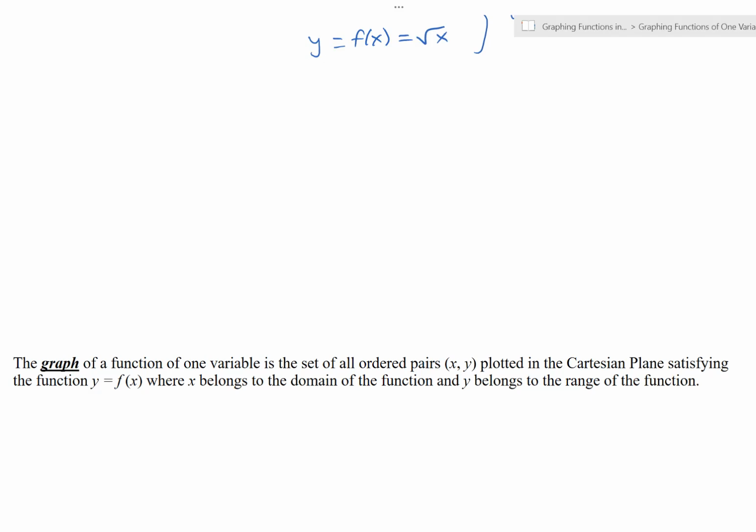So if we took all such ordered pairs that satisfy that equation, even if there's infinitely many, and plotted them all in the Cartesian plane, we would get what's called the graph of the function. So we're going to do a couple now.